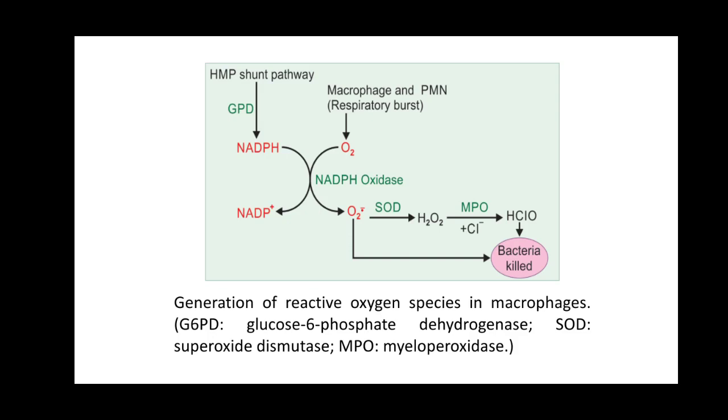So in this picture we can see the respiratory burst taking place, which forms a free radical and hydrogen peroxide, and reflects the rapid utilization of oxygen and release of free radicals.